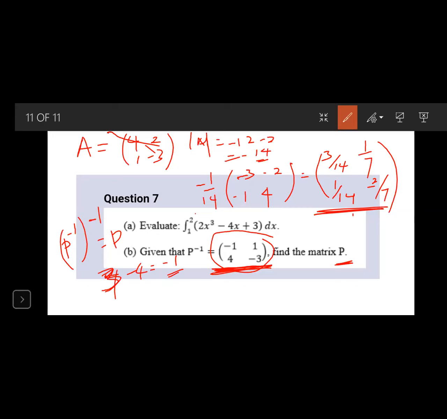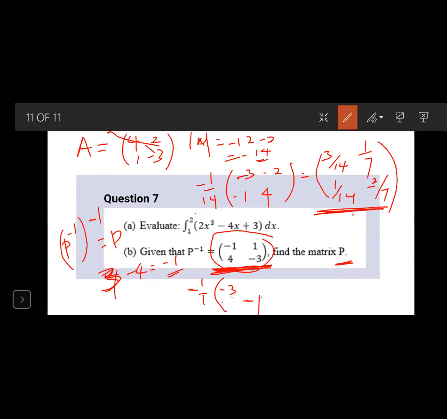Now, what do you do? You interchange the elements in the leading diagonal. So it means you are going to have minus 1 over 1 multiplied by minus 3, minus 1. Then the next thing, you multiply the other diagonal by minus 1.